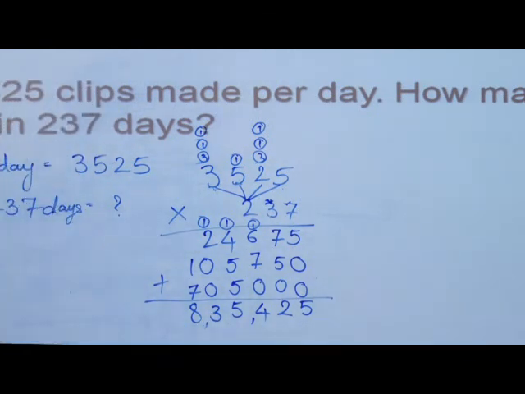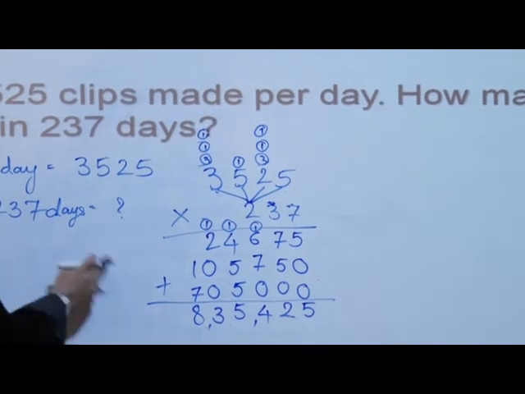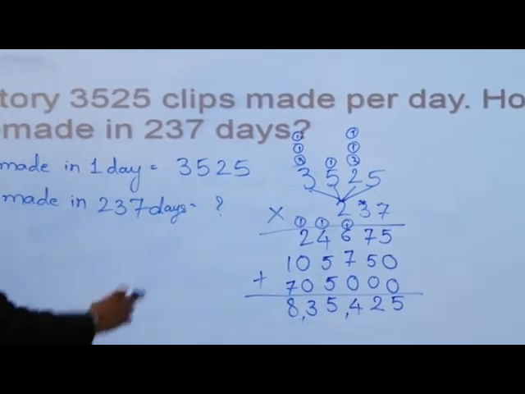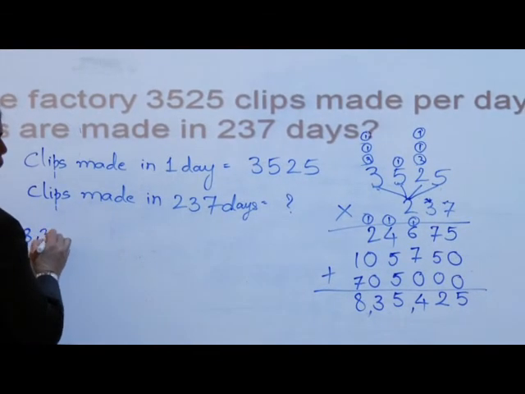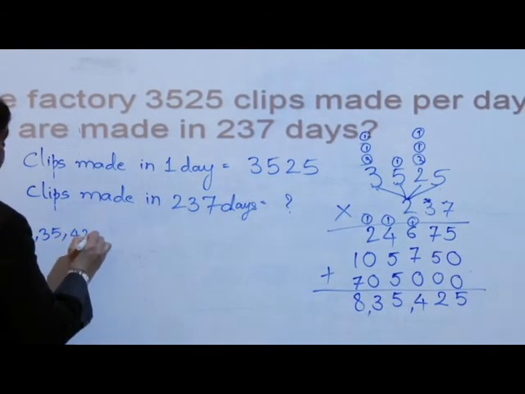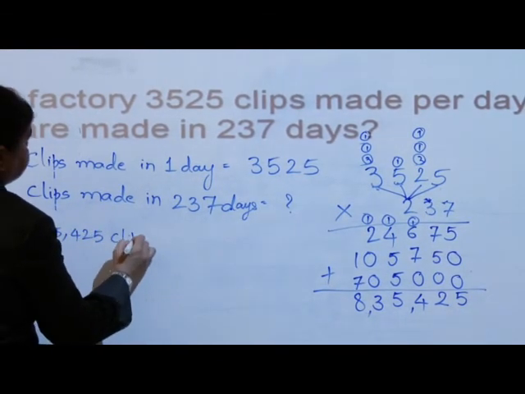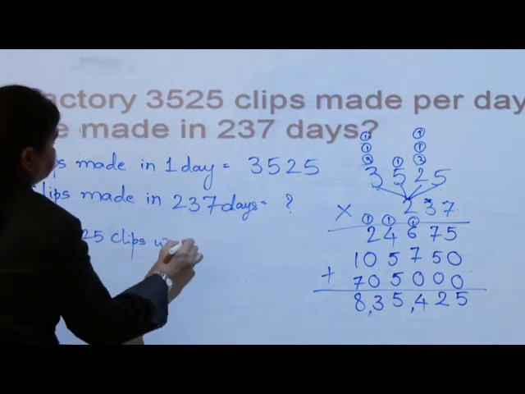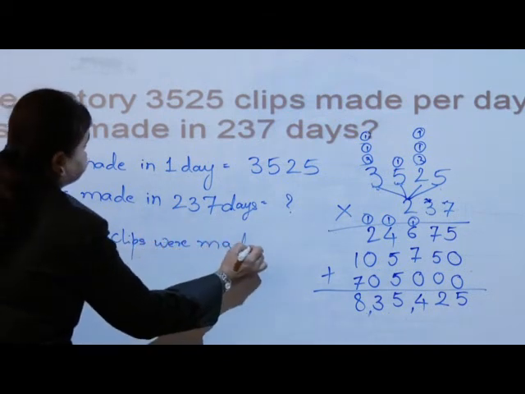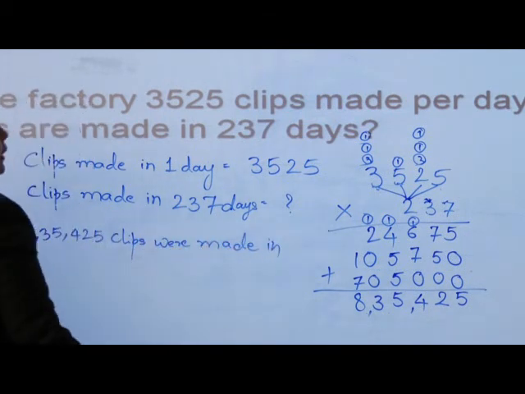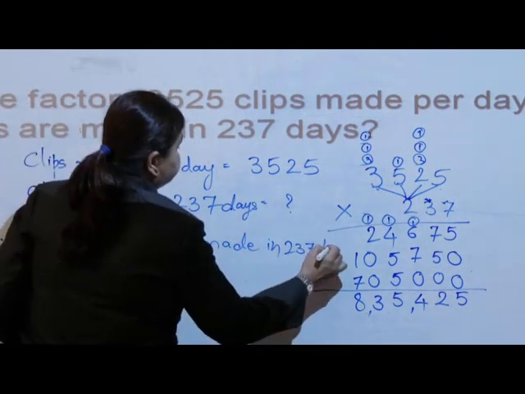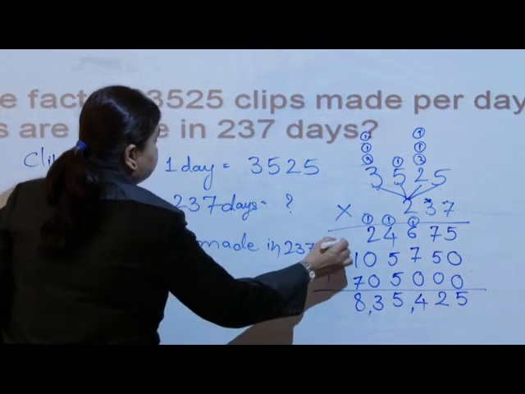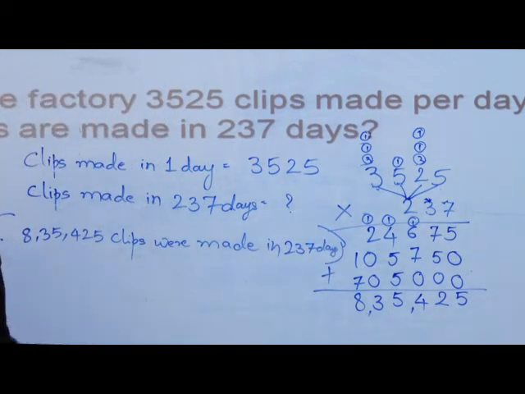In 237 days, how many clips were produced? So we can write therefore 8,35,425 clips were made in how many days? 237 days. This is our answer.